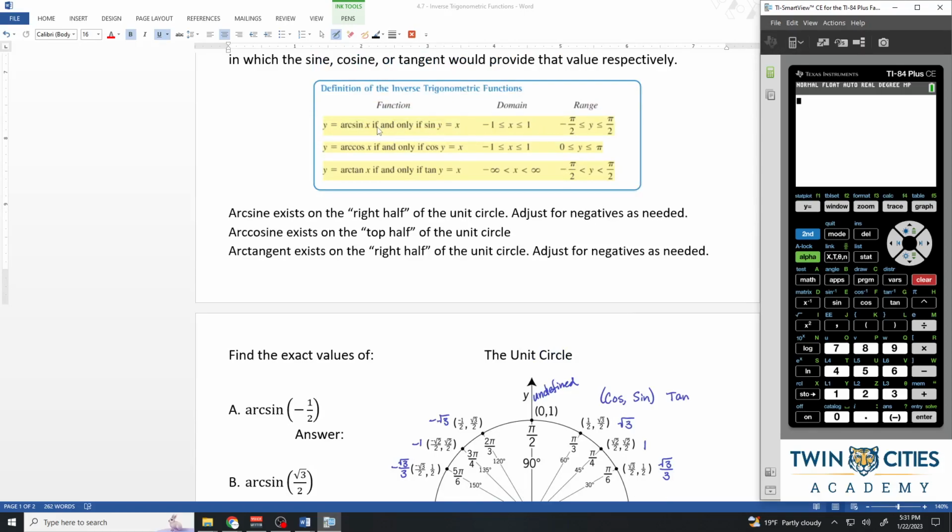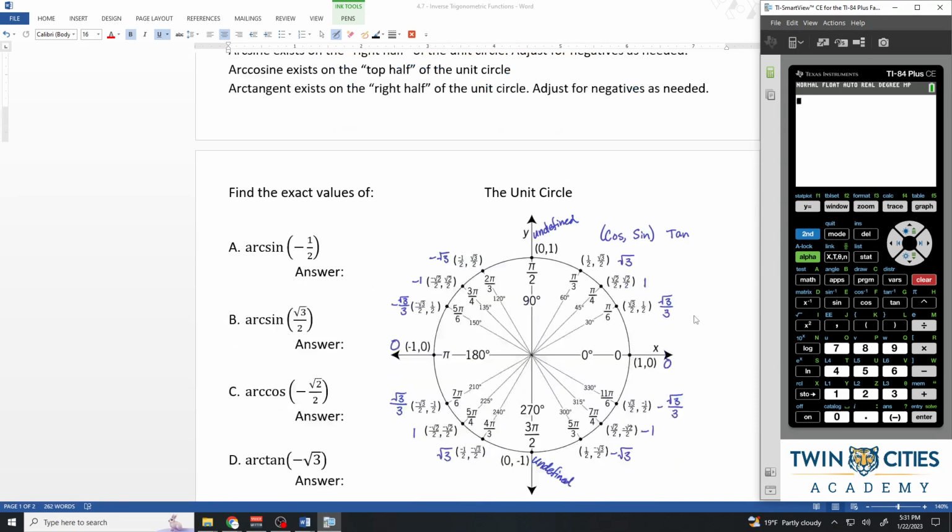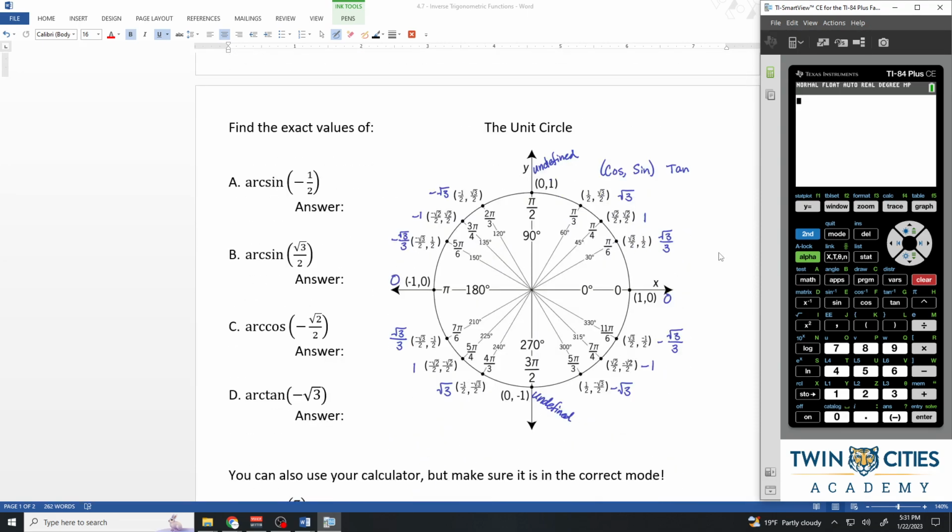For arcsine and arctangent, I'm going to go from -pi/2 to +pi/2. So -pi/2 is the same as 3 pi/2. Just think of this as, instead of going counterclockwise to pi/2, we're going clockwise this way. This would be -pi/6.